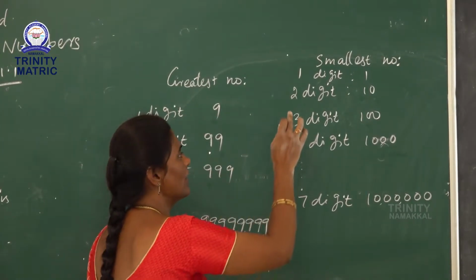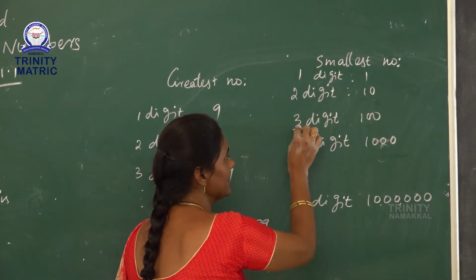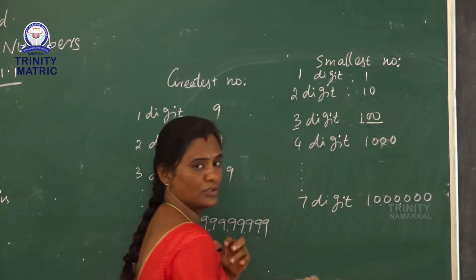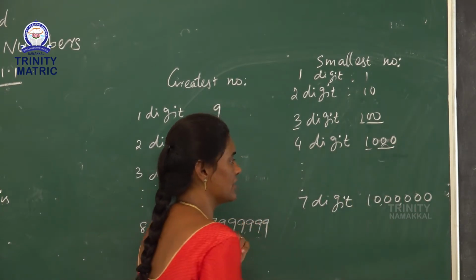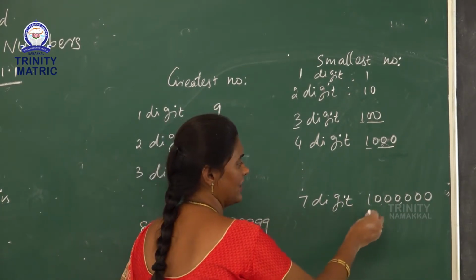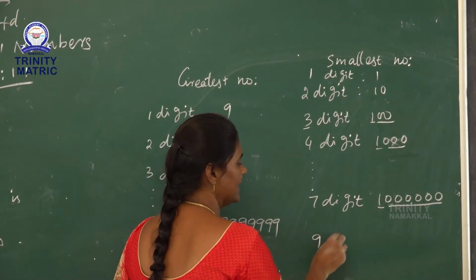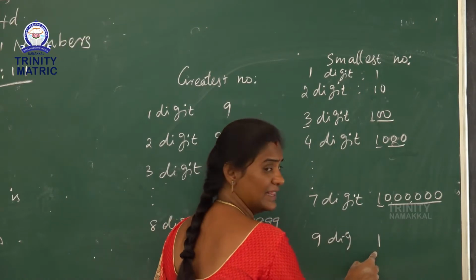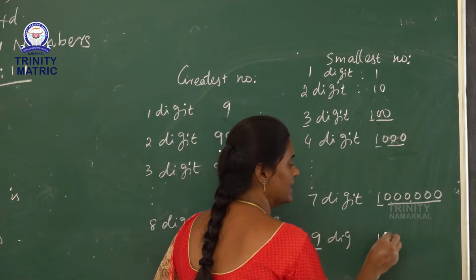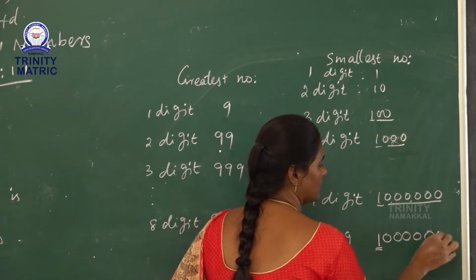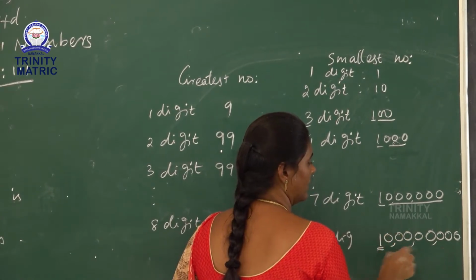See here, the smallest 2 digit number is 1 with 1 zero, the smallest 3 digit number is 1 with 2 zeros, the smallest 4 digit number is 1 with 3 zeros, the smallest 7 digit number is 1 with 6 zeros. Like that, the smallest 9 digit number is 1 with 8 zeros. That is 10 crore.